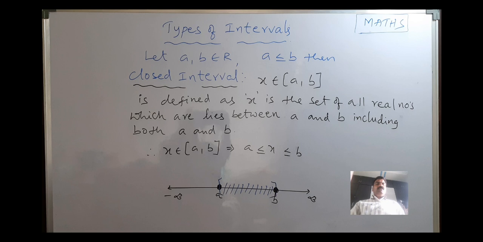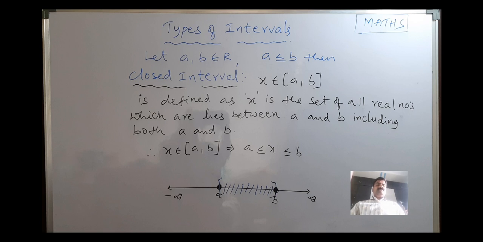Hence, we can write x belongs to closed interval a comma b as a less than or equals to x less than or equals to b. The meaning is x is the value which lies between a and b, including both a and b. So a and b also must be included.